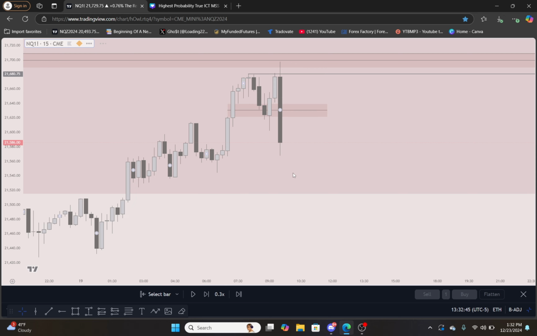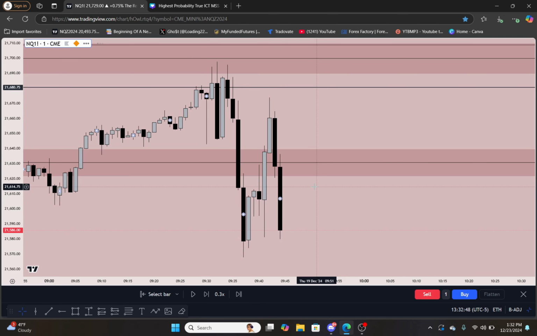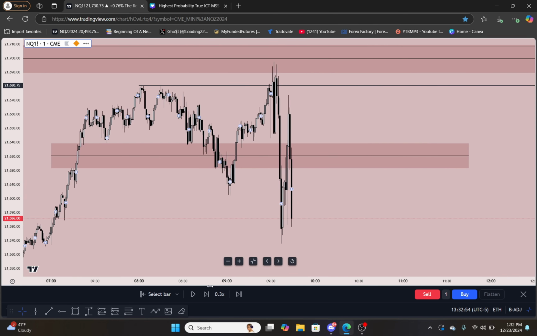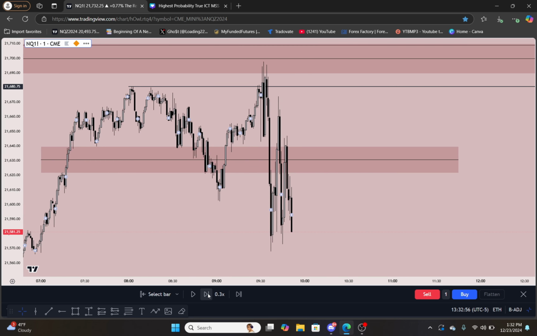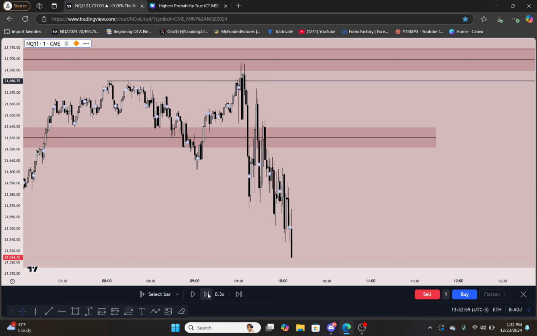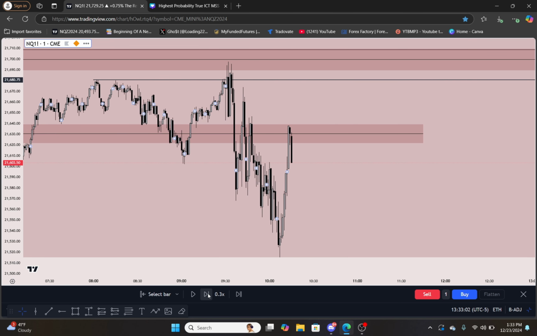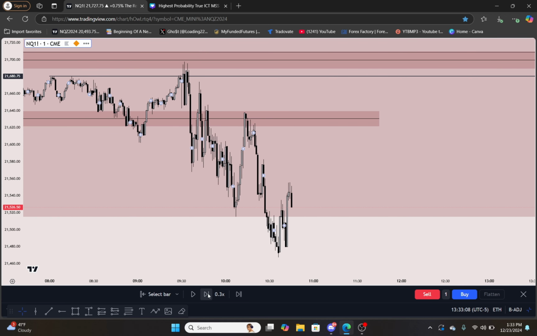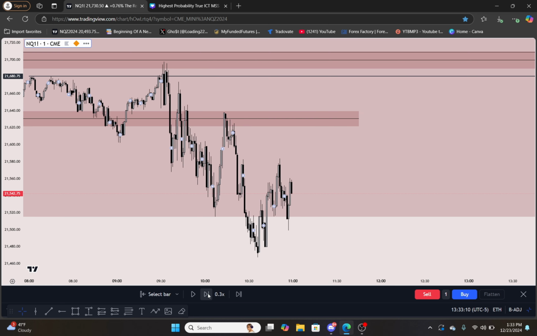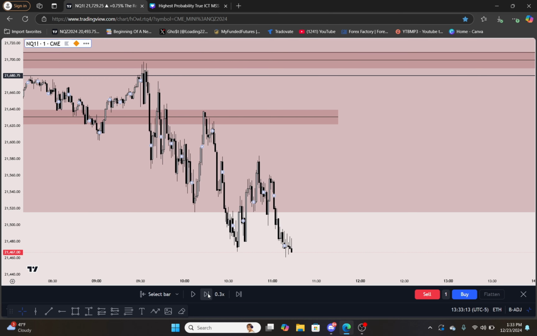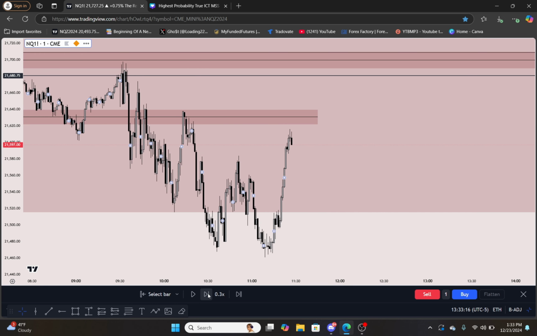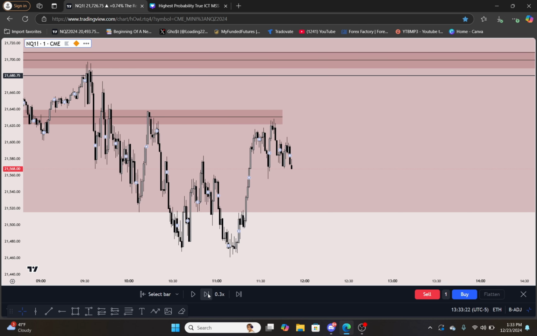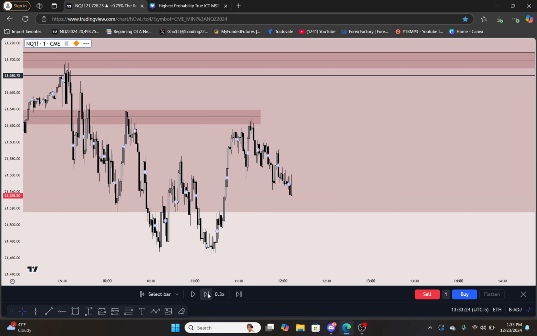We drop down into our 1 minute. Now this is where we would look for any SMTs between ES and NQ. Sorry about this.